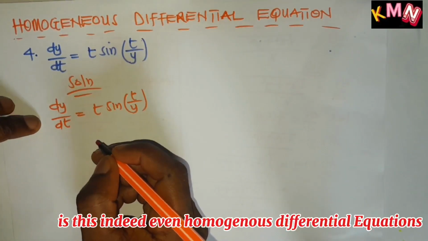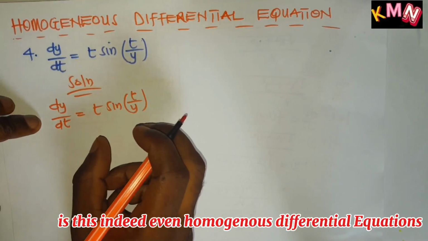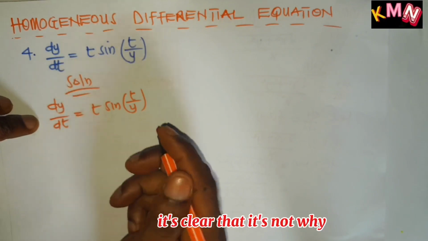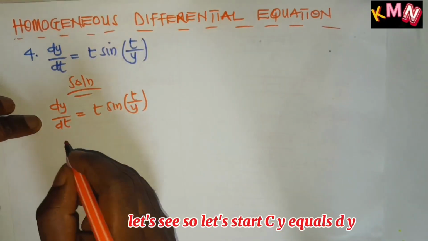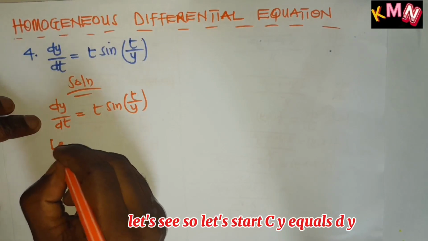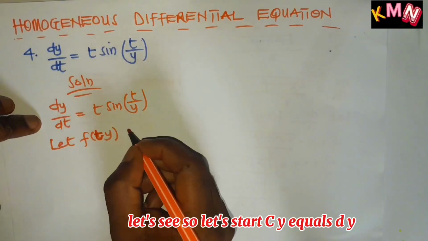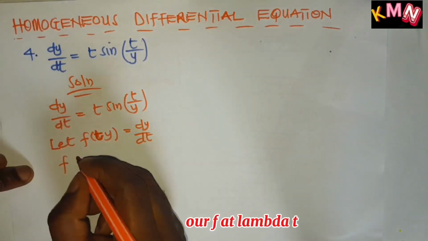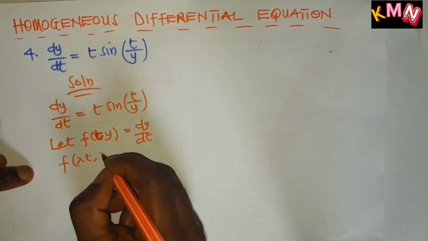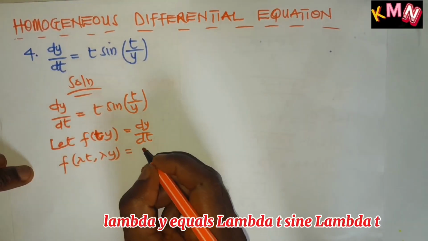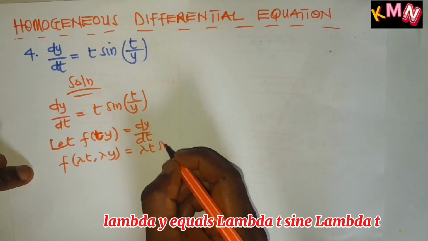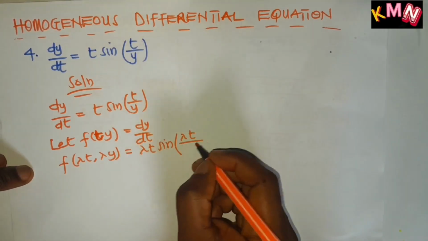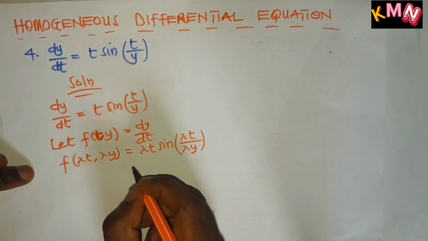Our final problem. The question is, is this indeed a homogeneous differential equation? It is clear that it's not. Why? Let's see. Let f at t y equal dy dt. Our f at lambda t, lambda y equals lambda t sine lambda t on lambda y.